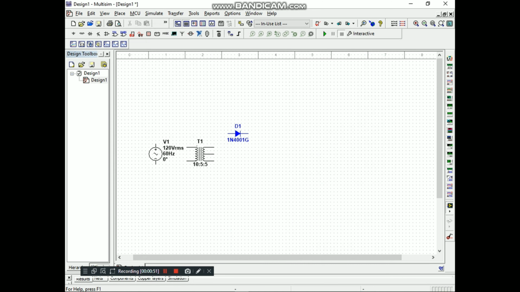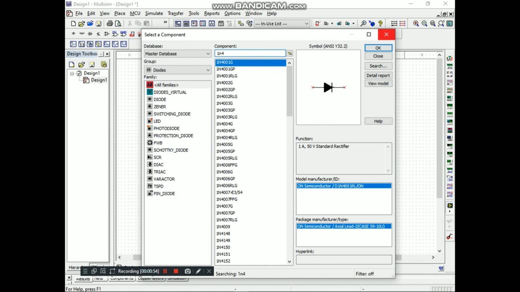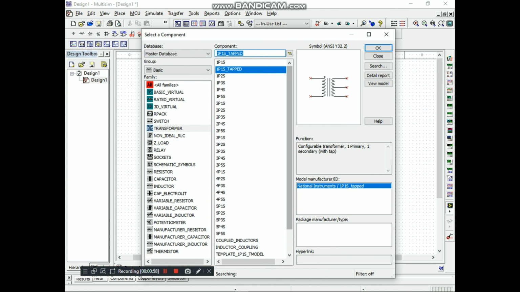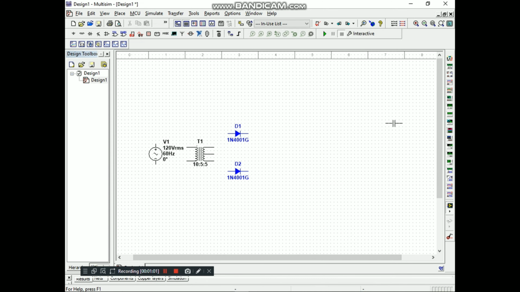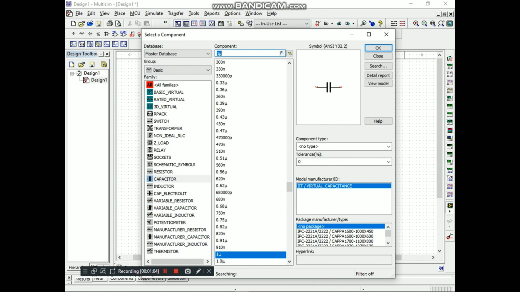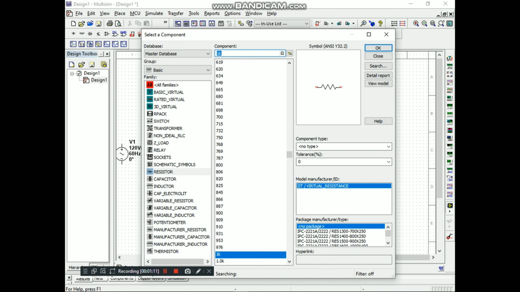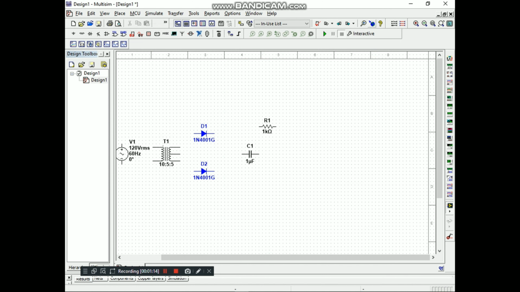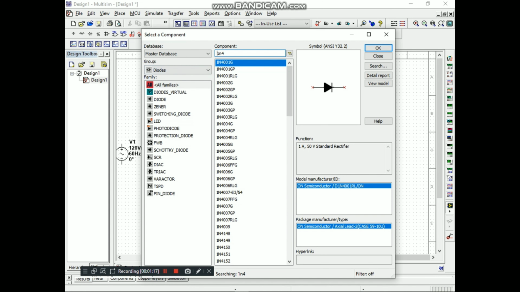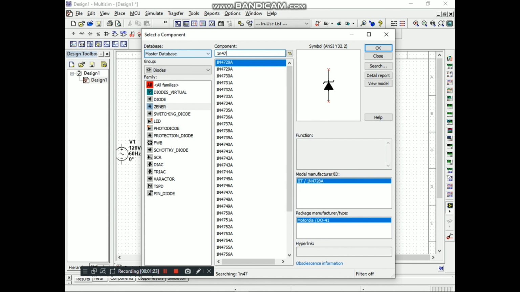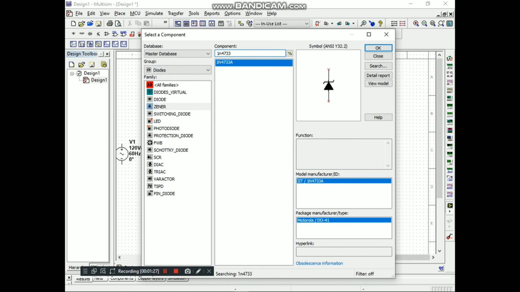Next is the rectifier. A rectifier circuit is a combination of diodes arranged in such a manner that it converts AC into DC voltage. Basically, there are two types of rectifier circuits, the half-wave and the full-wave rectifier. In this design, we will use a center-tapped full-wave rectifier because it is more power efficient than the half-wave.